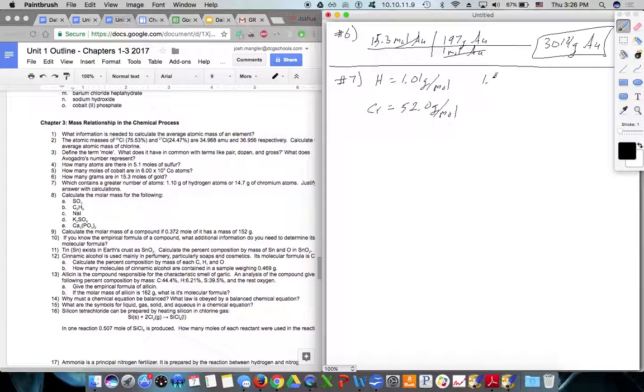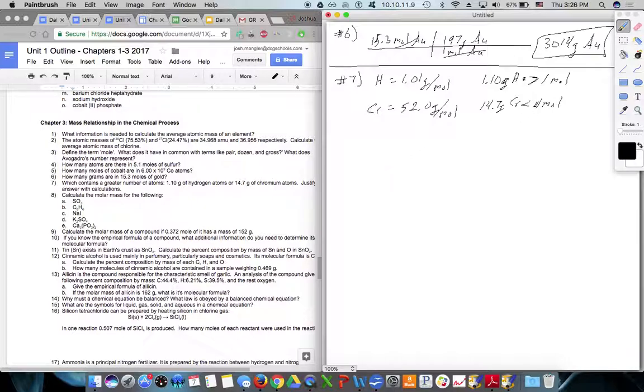So if you have 1.10 grams of the hydrogen, you have something that is greater than 1 mole. If you have 14.7 grams of chromium, even though that's a significantly larger number than the grams of hydrogen, you're going to end up with something that's much less than a mole.